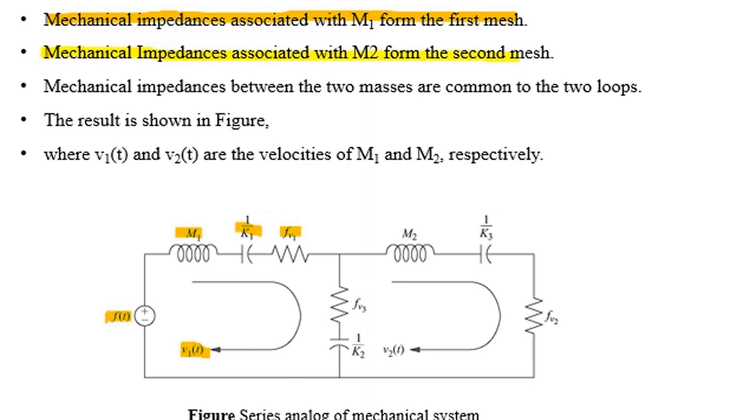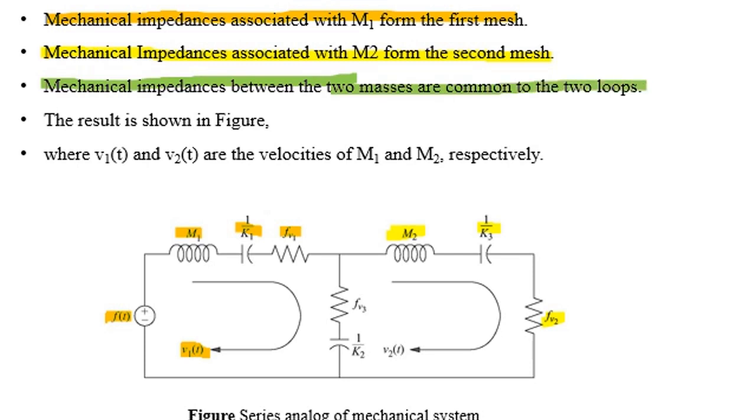Now for the second test point or second loop, objects associated with M2 are a spring with coefficient K3, surface friction with coefficient ρV2, and its mass M2. These three quantities will appear in the second mesh.